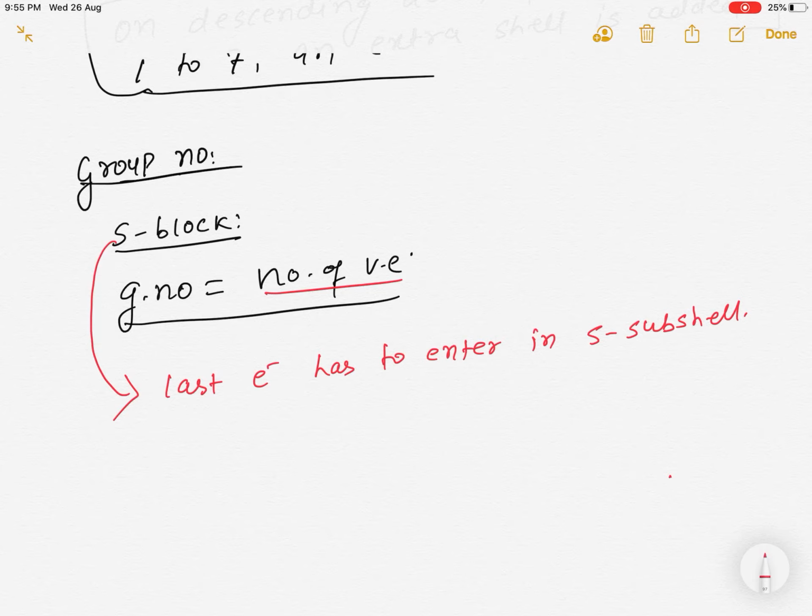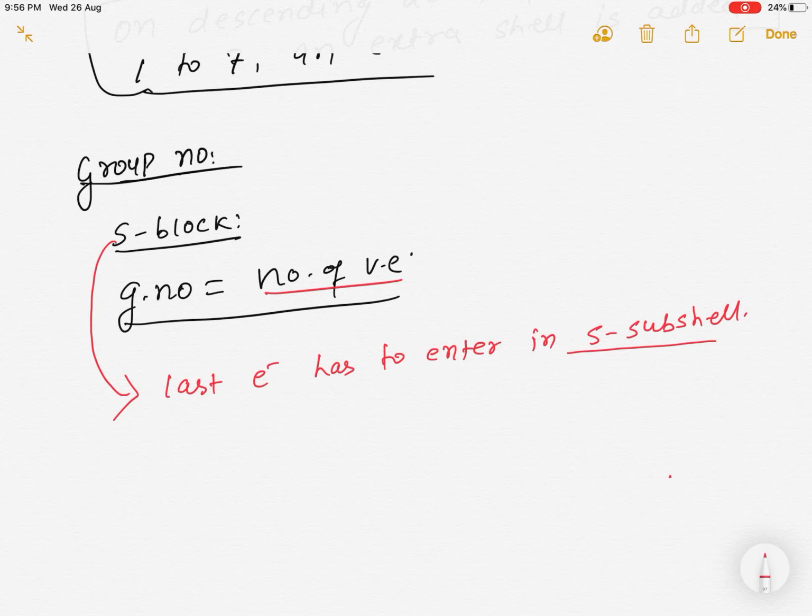So you are going to find the valence electron in the S subshell only, because any shell starts with the S subshell. So the valence shell will also start with the S subshell only. Since the last electron is entering in the S subshell itself, that means there is no P, no D of that shell. So we are going to find our valence electrons in the S subshell only.